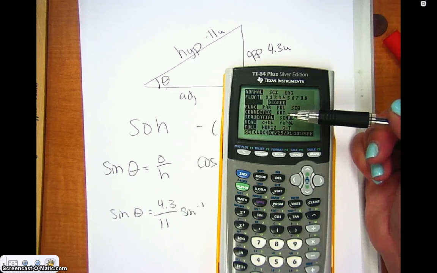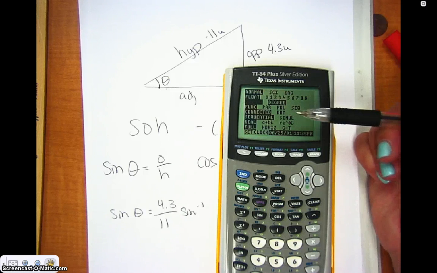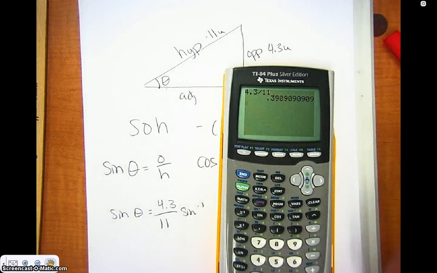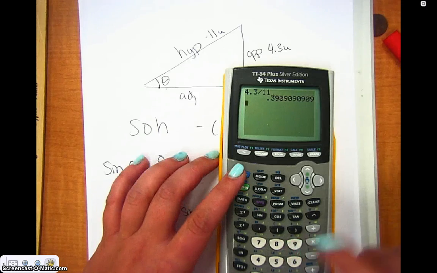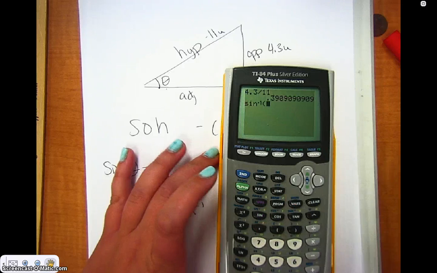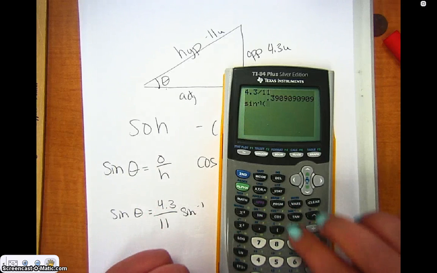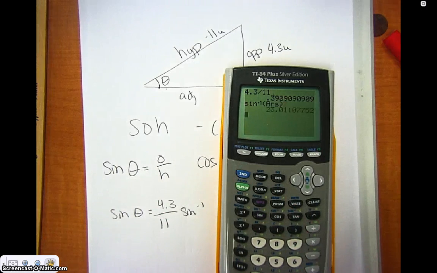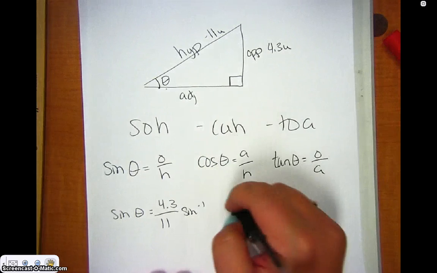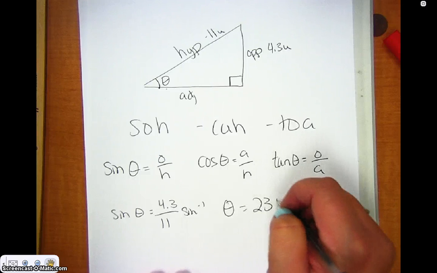So always make sure when you walk into this class to change the mode of your calculator so that we're not dealing with radians, right? So mine is in degrees, so I'm good to go. So I'm going to just do this inverse sine of my answer. And I get that the angle is roughly 23 degrees. So the angle is 23 degrees.